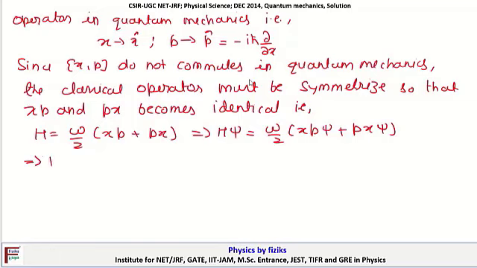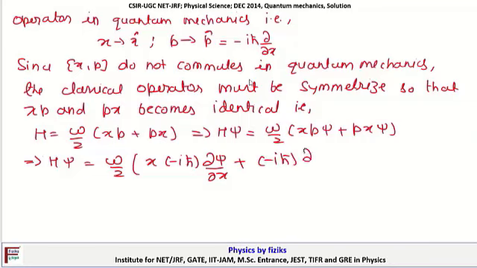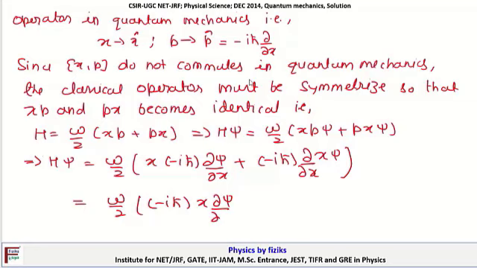This can be written as H psi equals omega by 2 into x times minus i h cross del psi by del x, plus minus i h cross del by del x acting on x psi, which can be written as omega by 2 times minus i h cross x del psi by del x plus minus i h cross x del psi by del x plus minus i h cross psi.